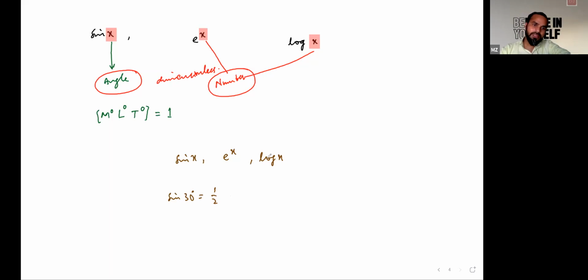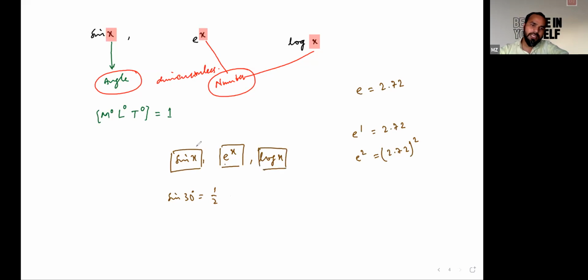Similarly, for e raised to the power x, e is equal to 2.72. If e raised to the power 1, it would be 2.72. If e raised to the power 2, it would be 2.72 squared, and so on. So this whole term, in any such expression, defines nothing but a number, which is again a dimensionless quantity. Is it clear?